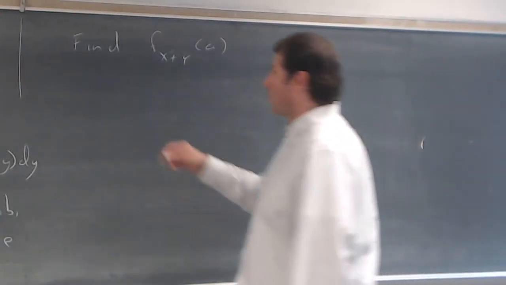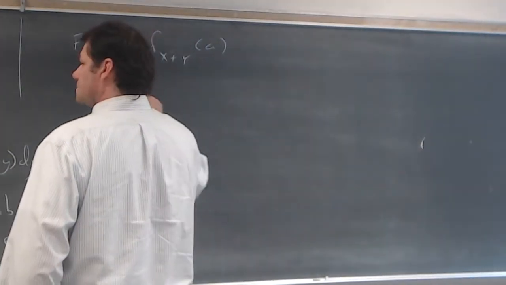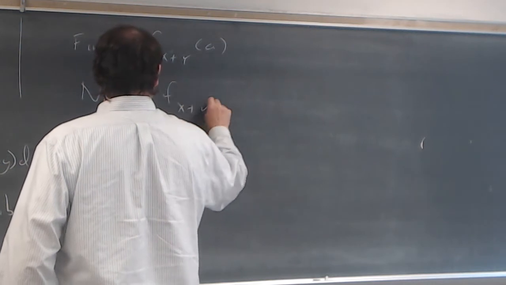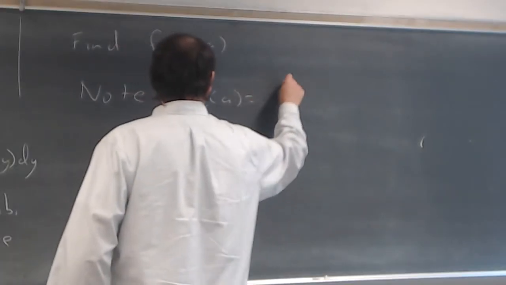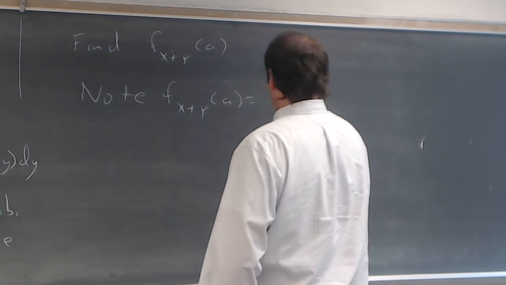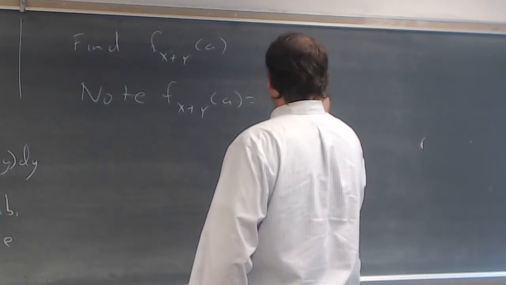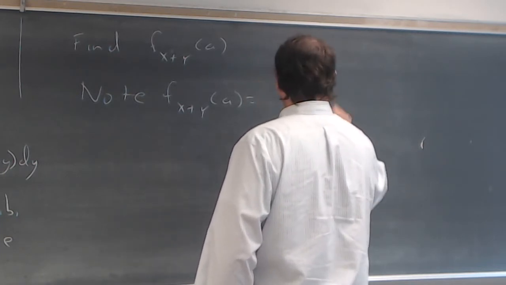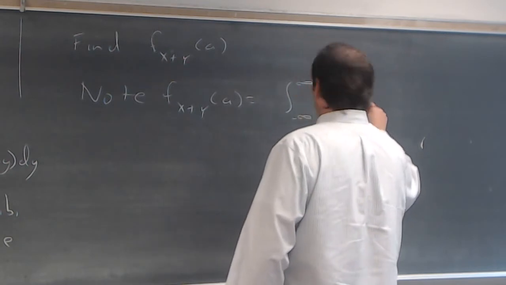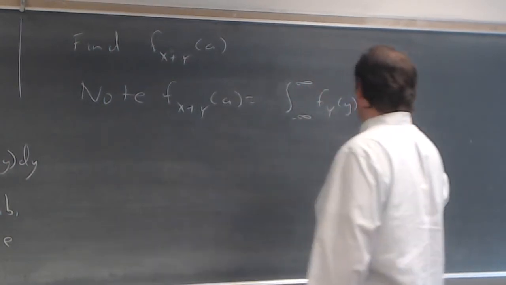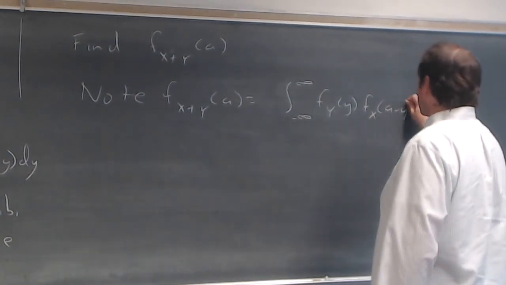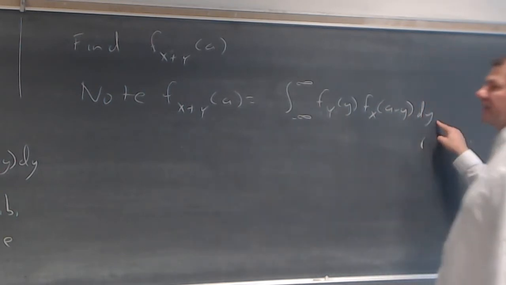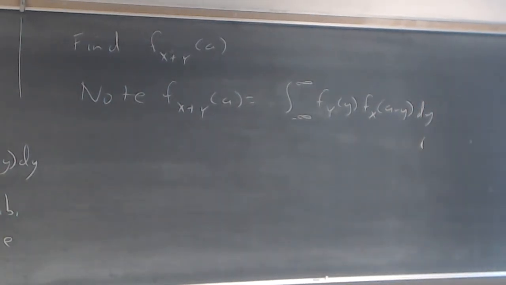Well, by our formula, due to independence, f of X plus Y is going to be the integral from minus infinity to infinity of f sub Y of y times f sub X, the PDF of X, evaluated at a minus y, dy.